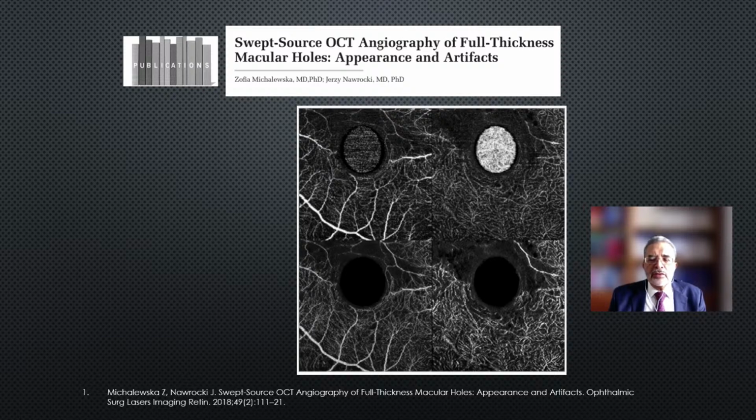Swept-source optical coherence tomography angiography of a full-thickness macular hole may be improved using manual artifact removal. The upper images present a macular hole in the superficial left and deep right retinal vessels. The oval hyperreflective shape in the middle is an artifact.